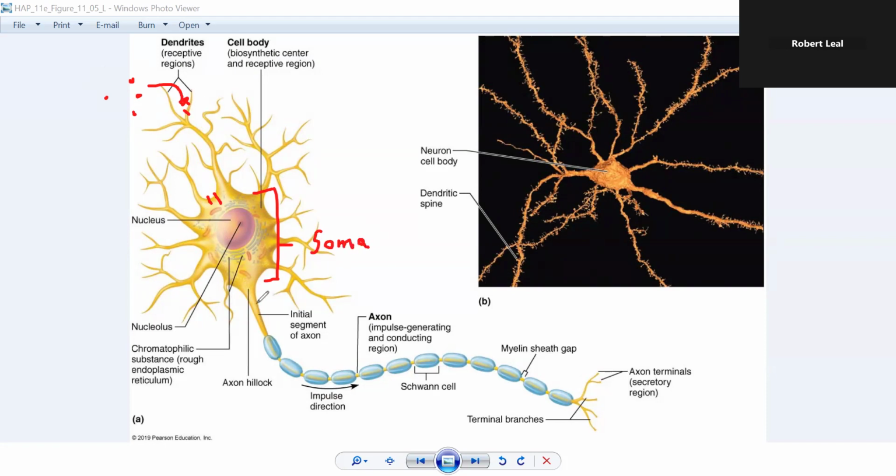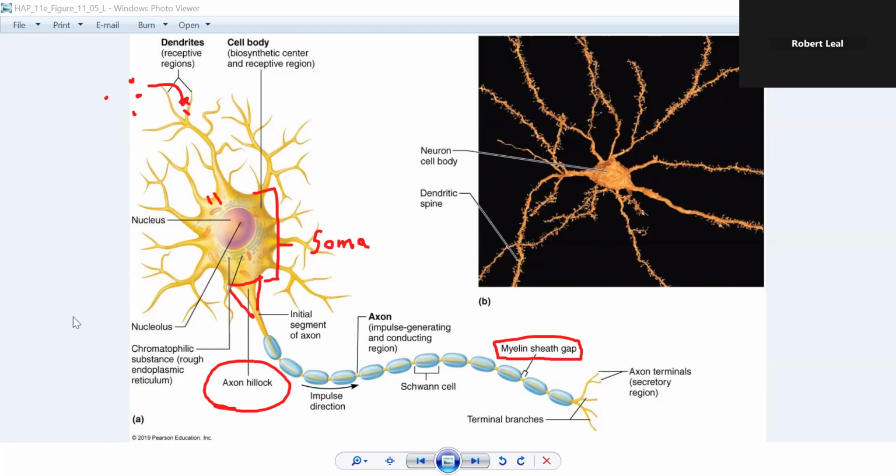And then the axon, where the cell body meets the axon, there's a funnel-shaped region right here. That funnel-shaped region is referred to as the axon hillock. And then portions of the axon that are not wrapped with myelin are referred to as myelin sheath gaps. Or you may see in other textbooks or in your reading, nodes of Ranvier, like I learned it. Some person discovered it and got to name it.